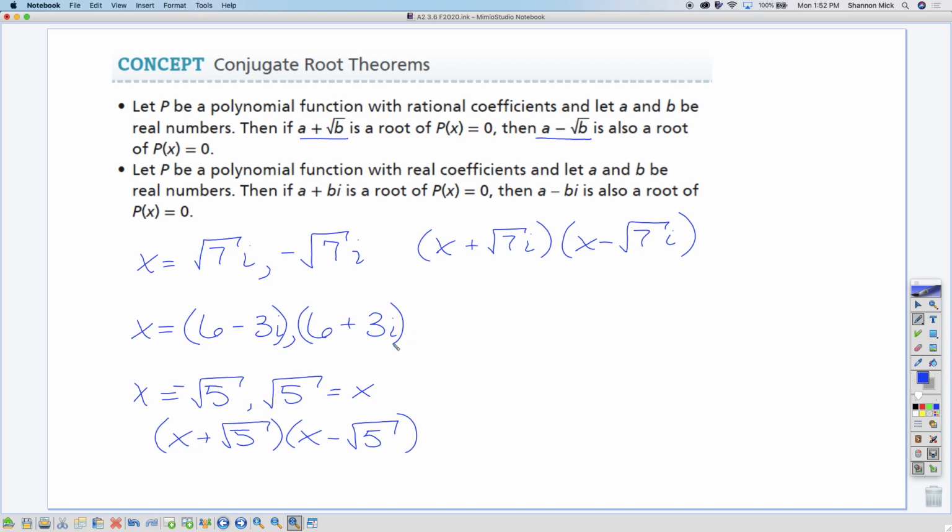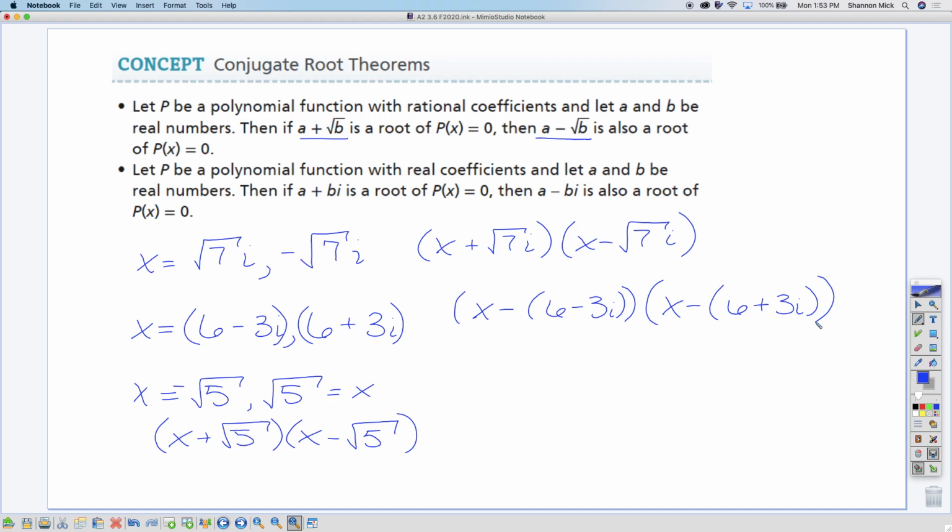So when I put these back in a factor, I have to subtract the whole thing over, yes? On both of them? So when I do that, I'm going to show you this whole process. So it would be x minus (6 minus 3i), and I have x minus (6 plus 3i).